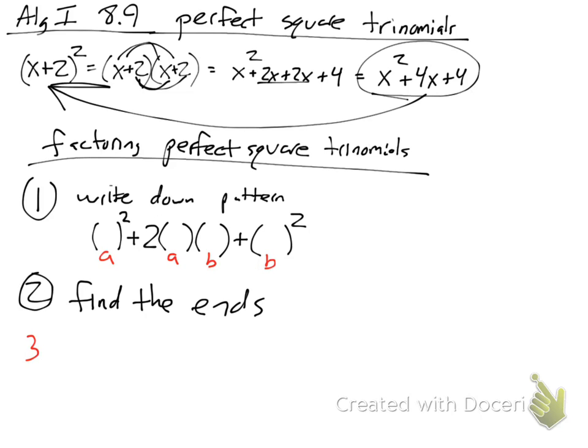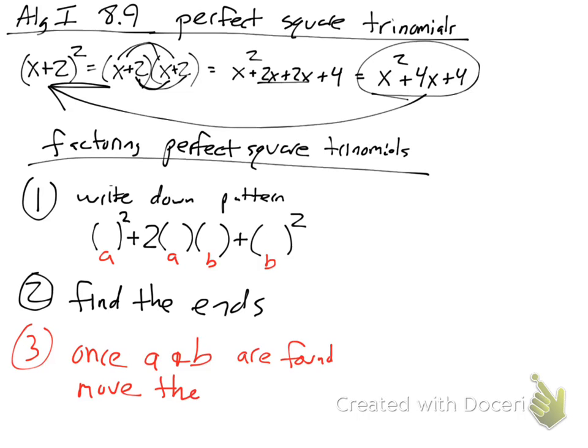So in step 3, once you found your ends, once A and B are found, move them in for multiply, or simplify, should I say, simplify instead.